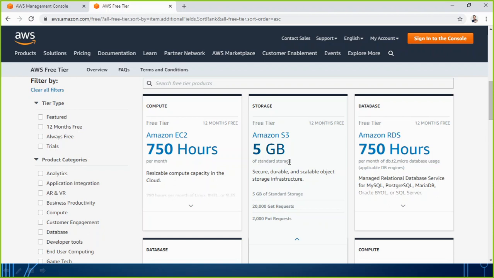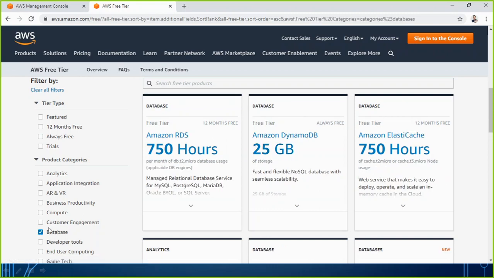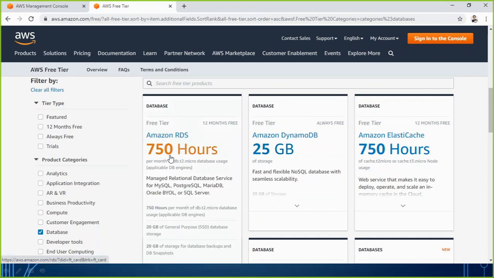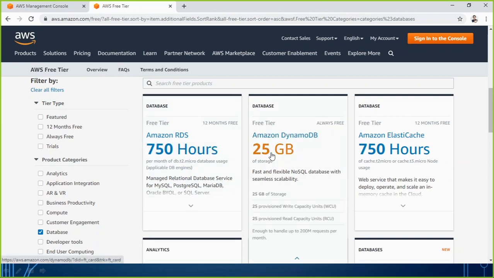If I want to keep my database on the AWS cloud, and I am a free tier user, I can check the database conditions. You see, you will be able to use RDS for 750 hours up to 12 months. I will be able to use DynamoDB for 25 GB, and it is always free. It's not limited to only 1 year, it is for lifetime.